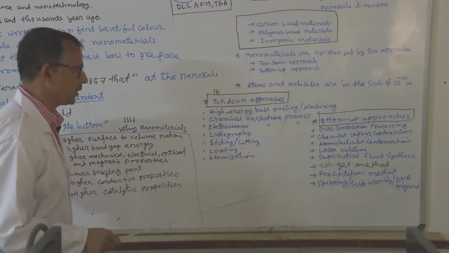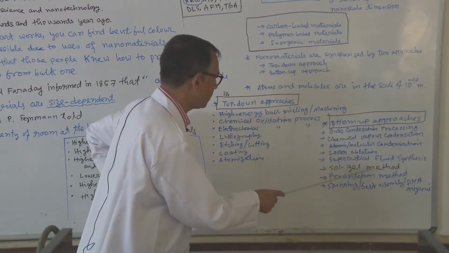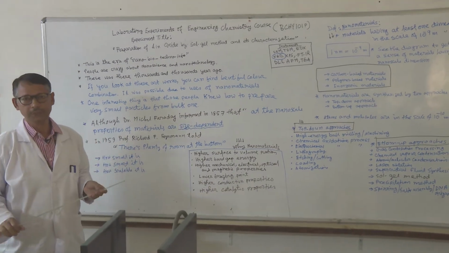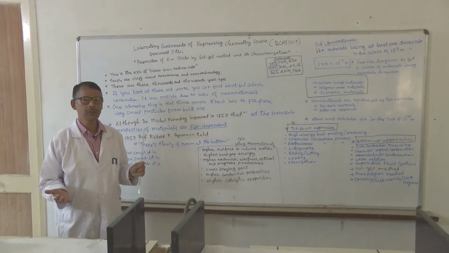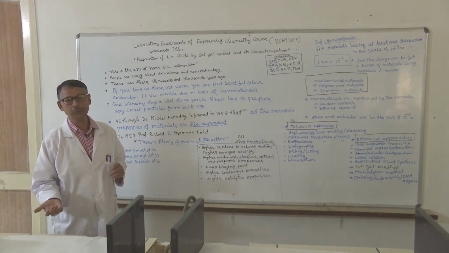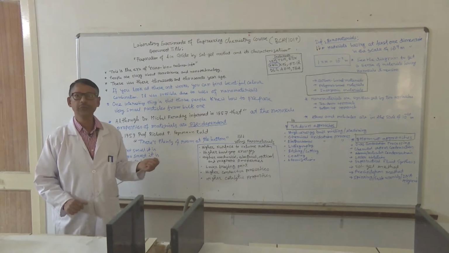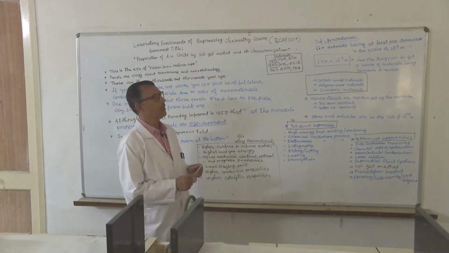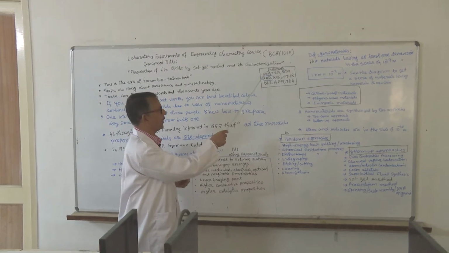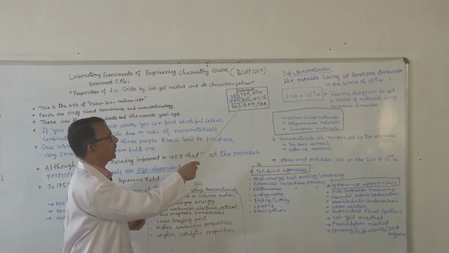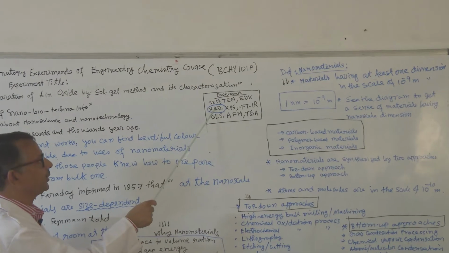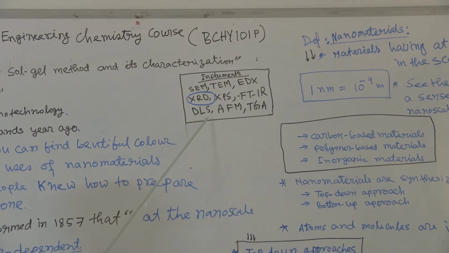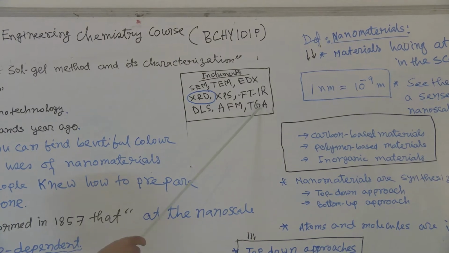So, in our process we are going for sol-gel methods, and when you are synthesizing the nanomaterials, we have to think about whether we have really achieved the goal or not, then we have to go for characterization. For that characterization we are using different types of instrumental techniques like SEM, TEM, EDX, XRD, XPS, FTIR, DLS, AFM and TGA.